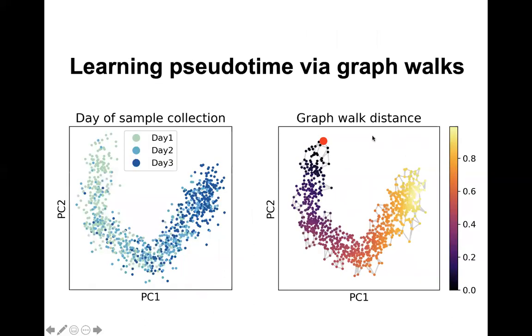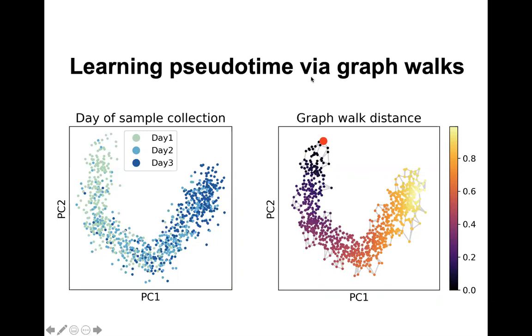What I want to point out here is that just that simple idea, asking what is the graph walk distance from, let's say we just knew, because this is maybe a stem cell system and you know what stem cell markers are, that this is the earliest point. Maybe you looked at a fate graph of the data, or you looked at PCA even, and you notice this is the earliest time point. We're going to say this is the root. You can just look at the graph walk distance through the data set from this point to all other points and get out a pretty good estimate of that ground truth differentiation trajectory, right?